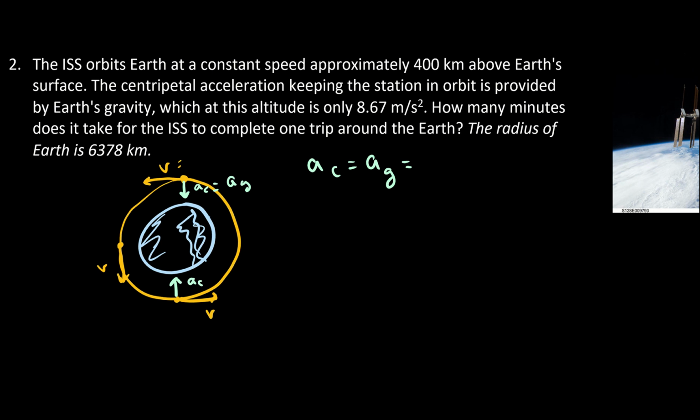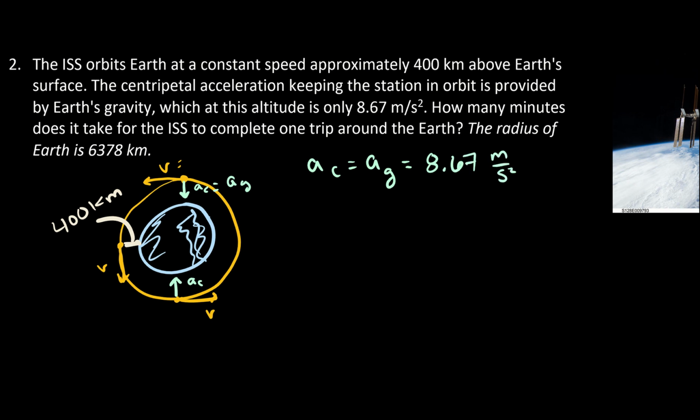That 400 kilometers is just how far above Earth's surface the space station is. At that altitude, the acceleration of gravity has decreased to 8.67 meters per second squared.